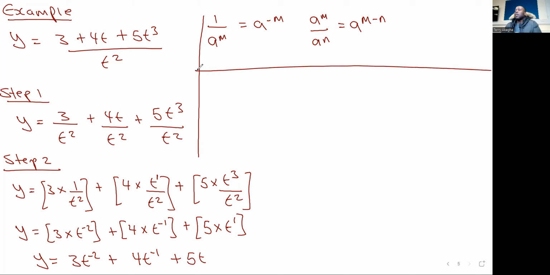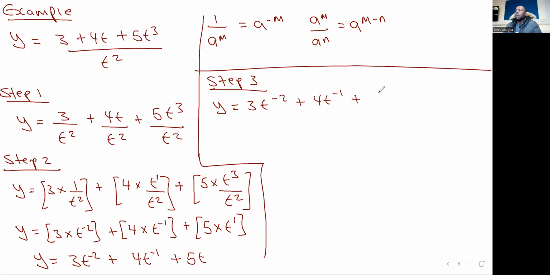All right. Now the next step, step 3, we need to differentiate. So we have y equal to 3t^-2 plus 4t^-1 plus 5t. So dy over dt, it's dt because we're differentiating with respect to t. dy over dt is going to give us, as usual, the power rule: the power multiplied by the number here.